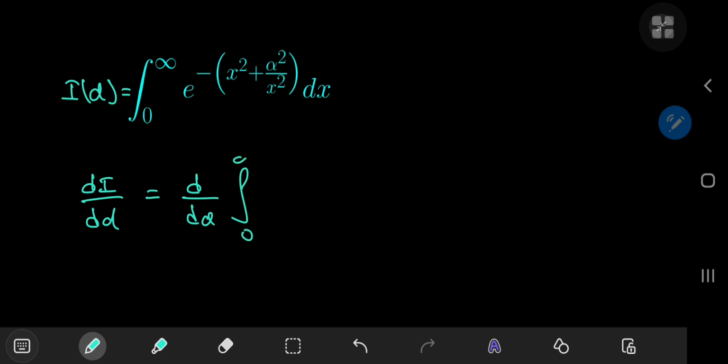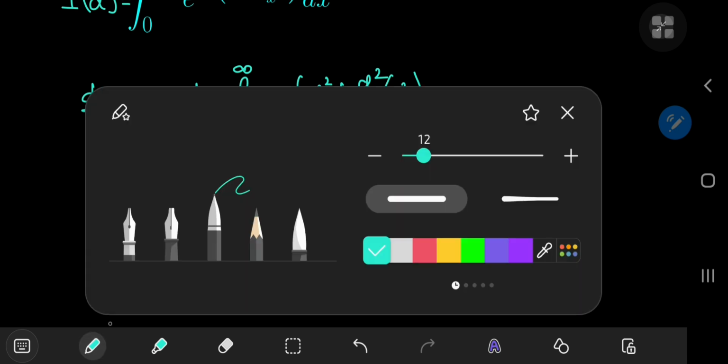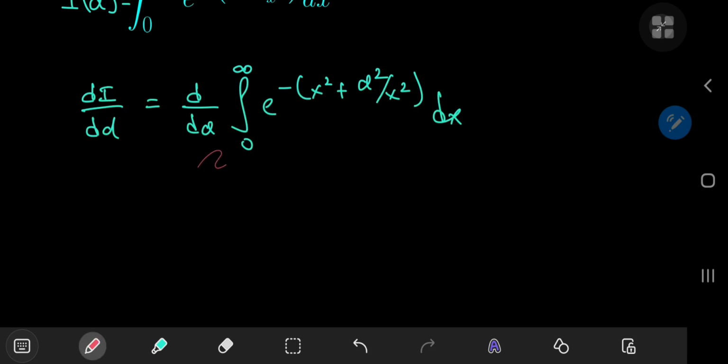So differentiating the integral from 0 to infinity of e to the negative x squared plus alpha squared by x squared, with respect to x. The first question is, can we switch up the order of the differentiation and the integration operators? Well, because you have this Gaussian sort of structure inside, it's basically a damped exponential on this interval.